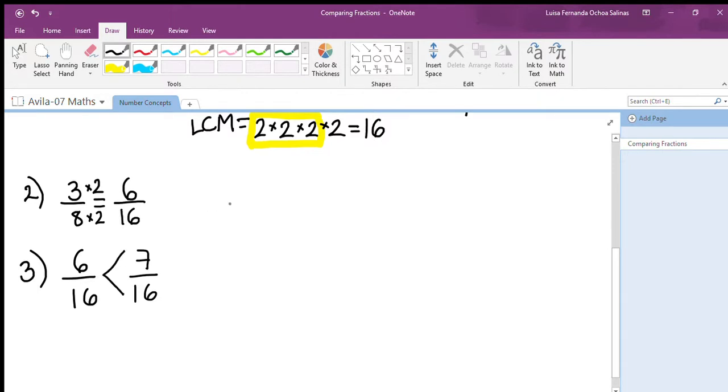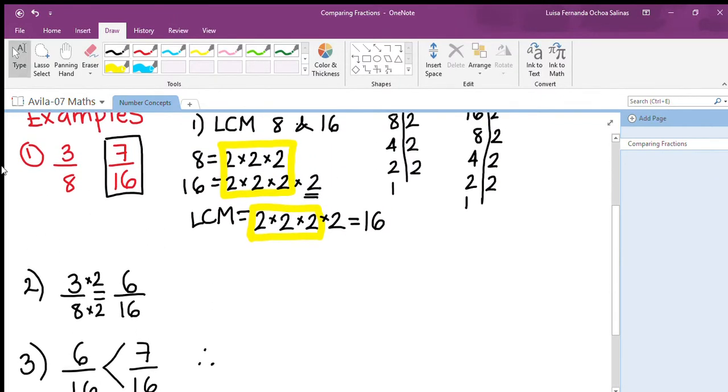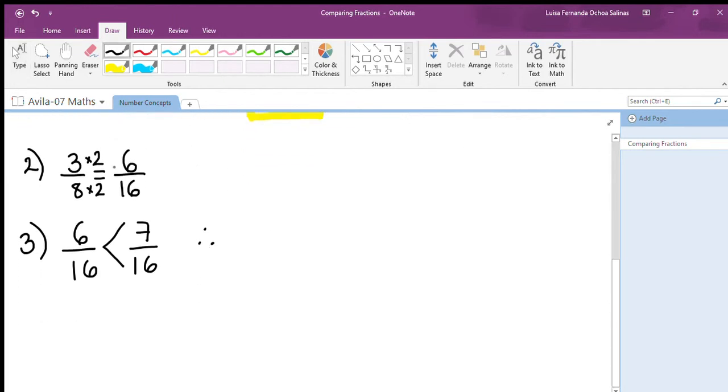So in your answer, you're not going to leave it as sixteenths, because that was not the original question. You have to use the original fractions that you were asked: 3/8 and 7/16. So you write 3/8 is less than 7/16. And this is your answer here.